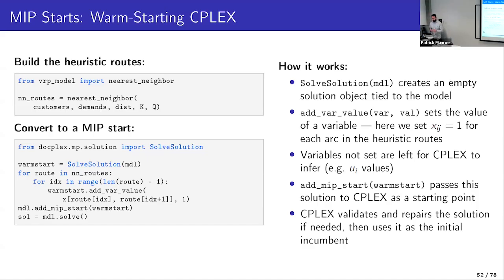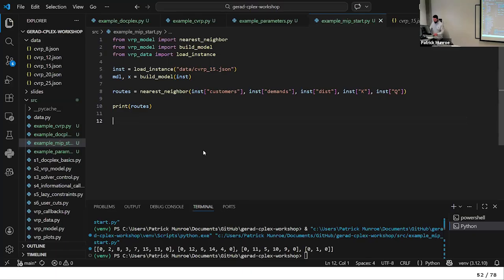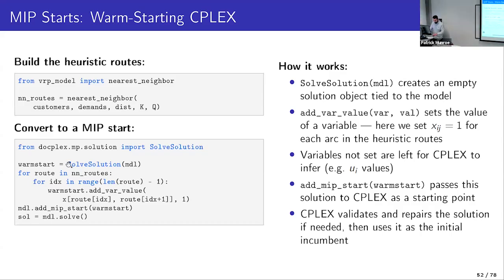So it will find a solution that is compatible with the model, so you can just pass a partial solution if you have one. If you write a solution that is infeasible, or even a partial solution that is infeasible, CPLEX will tell you when you try to solve it. So let's do this here.